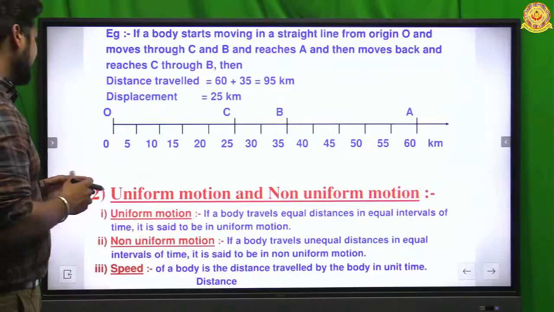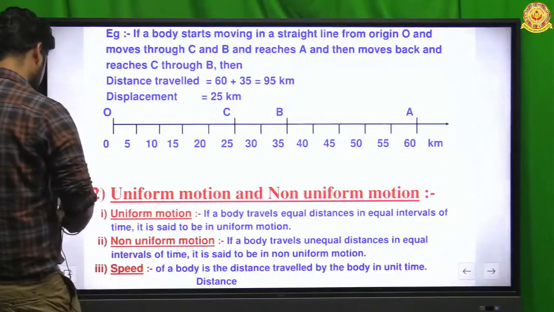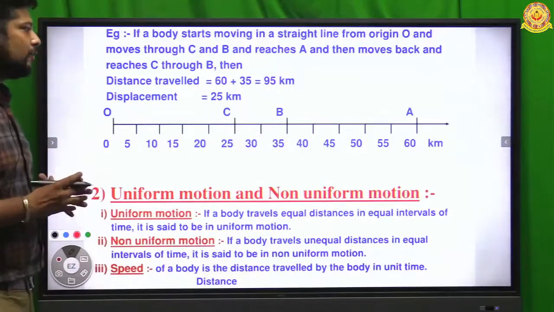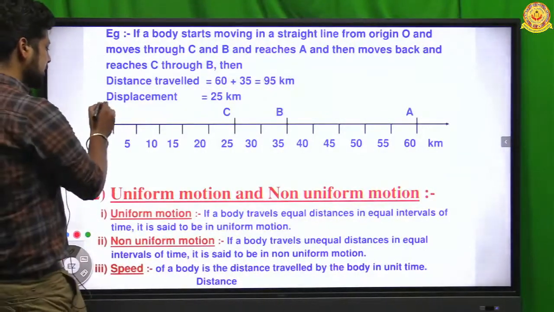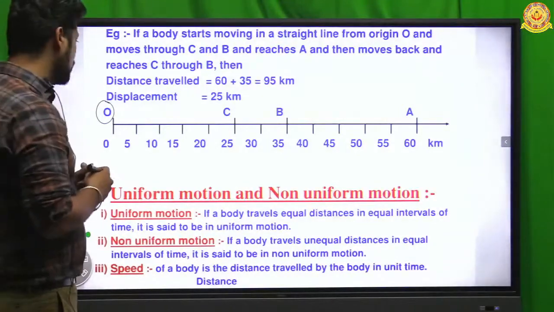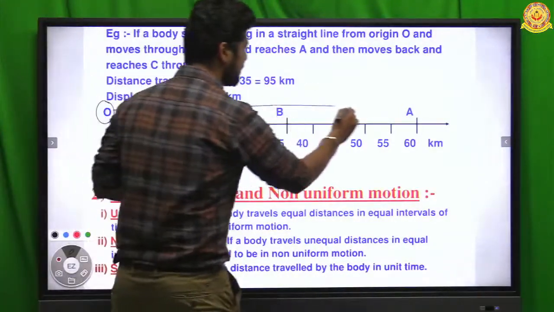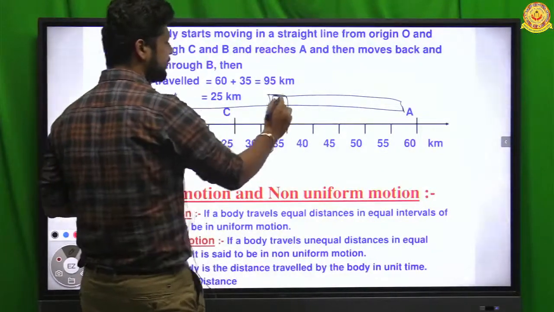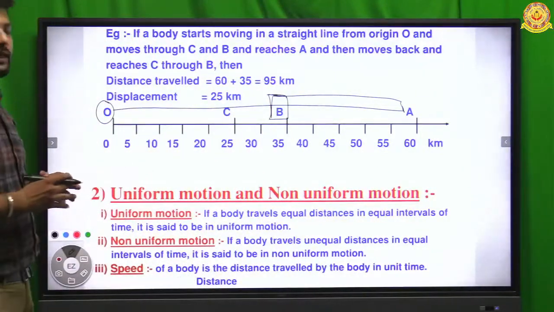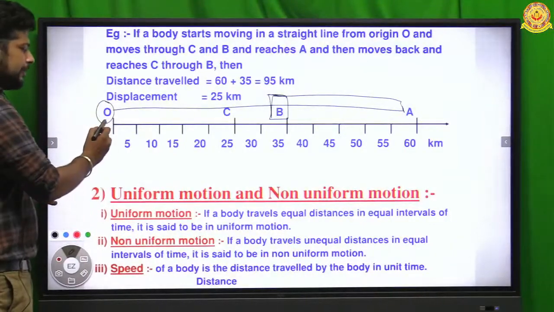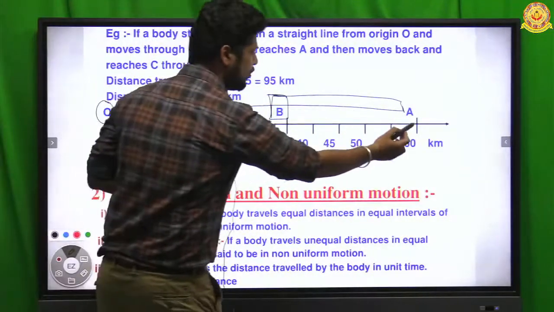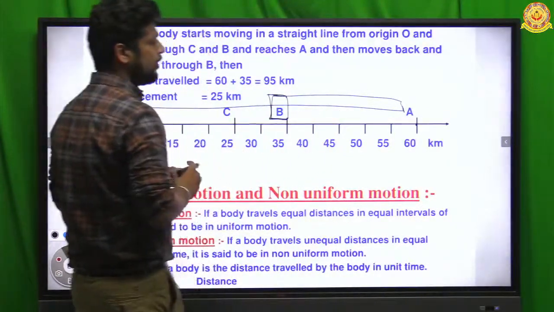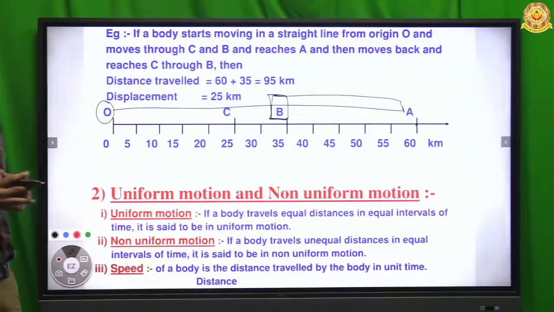First let me tell you what is distance. Suppose a person starts from this point O and reaches point A, and again he goes to point B. So in the total journey, he started from point O, went to point A, then again went to point B. Now what is the difference between distance and displacement?